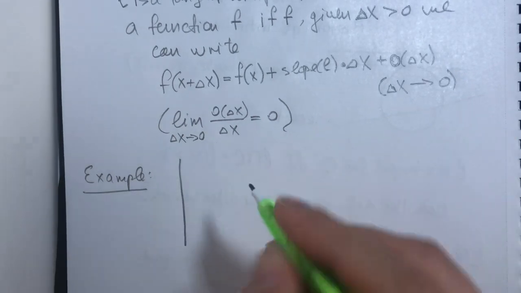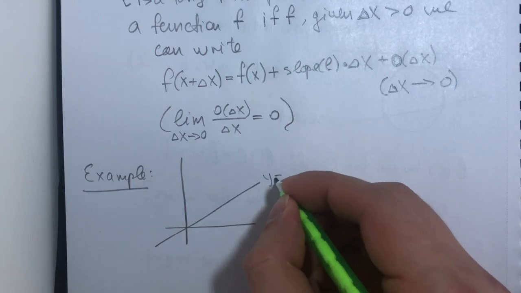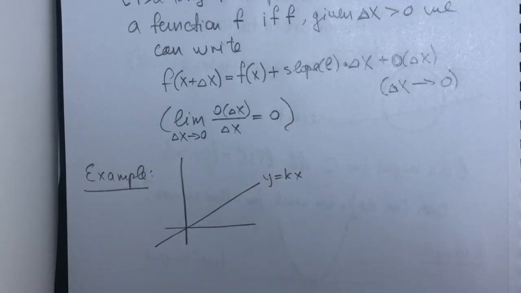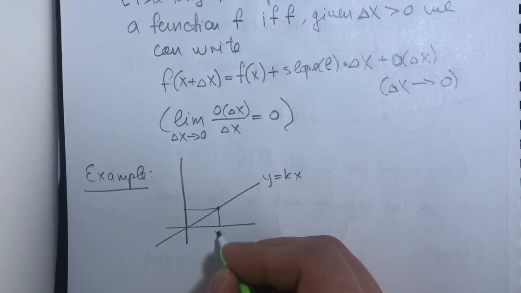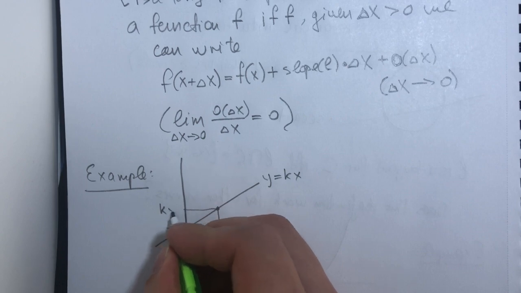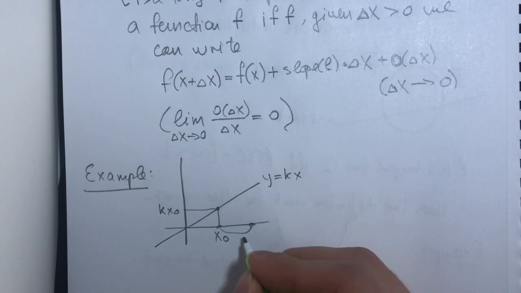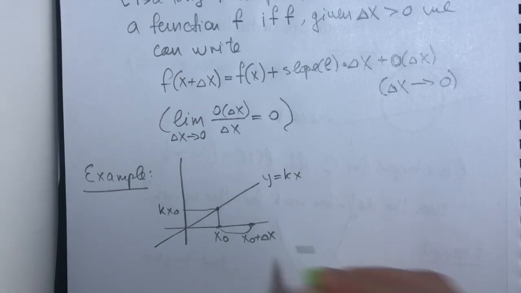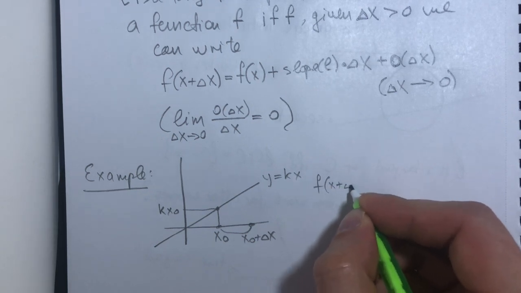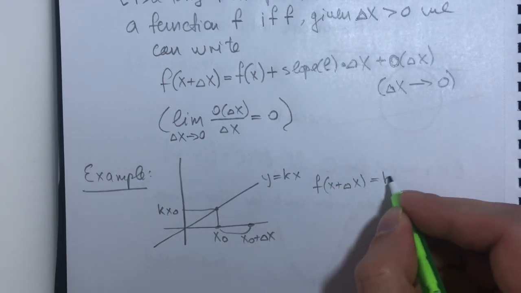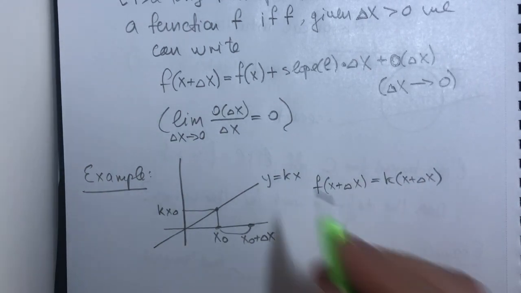So let's have a very easy example. We're just going to have a linear function, say y equals kx, right? So if we fix a certain point x naught, we get kx naught. Let us increase it by delta x to get x naught plus delta x. So what do we get? We get that f of x plus delta x is simply k of x plus delta x, right? We can just plug it in.